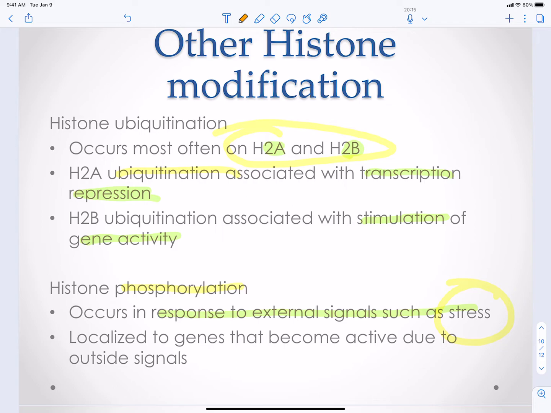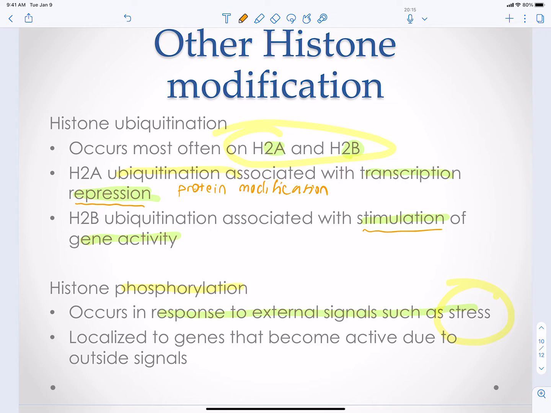And 2A is going to have ubiquitination. Ubiquitin is a protein, so this is a protein modification. Adding ubiquitin to 2A is going to suppress or repress transcription. Ubiquitination, excuse me, of 2B is going to stimulate gene activity.